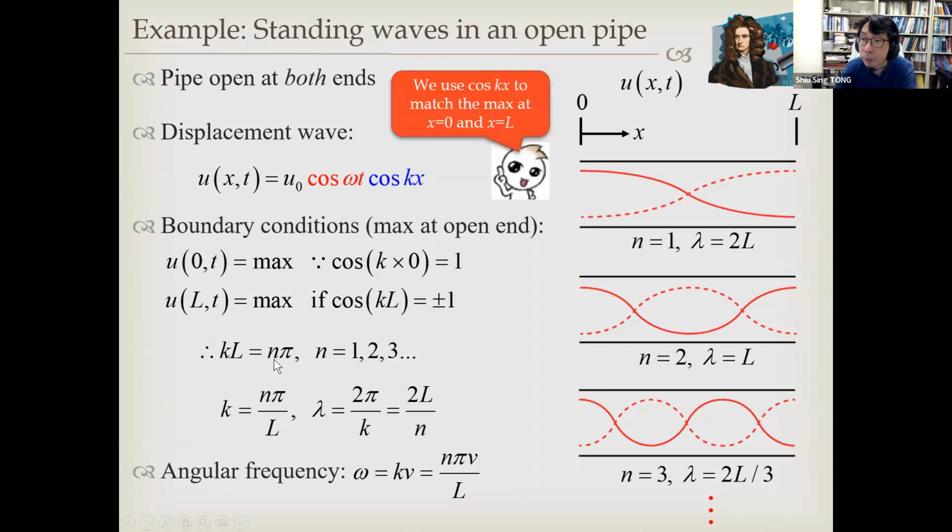n equal to 1 corresponds to 180 degrees, n equal to 2 corresponds to 360 degrees, n equal to 3 corresponds to 540 degrees, and all these angles give cosine KL equal to plus or minus 1. And so k is equal to n pi over L, right? And then we can solve for lambda. Again, we find that lambda is equal to 2 pi divided by k, which is equal to 2L over n.